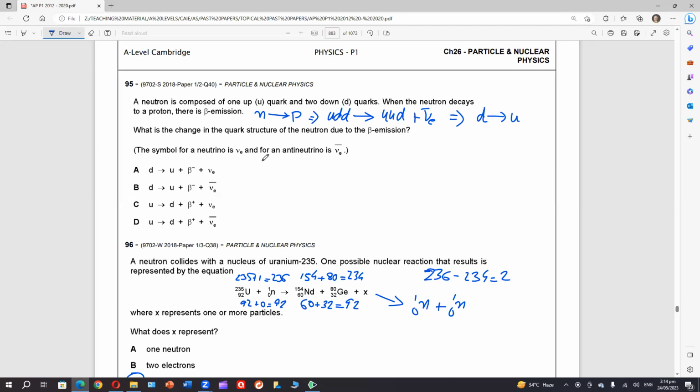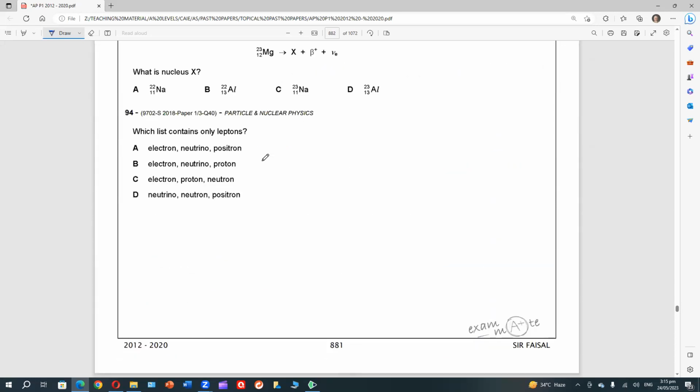Now you can tell me what answer I should get. There will be an anti-neutrino in this one, so it will be B. It should be beta minus, an anti-neutrino. So the answer is B.